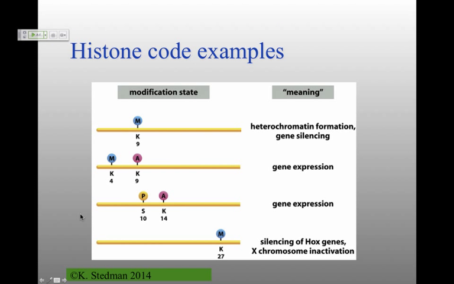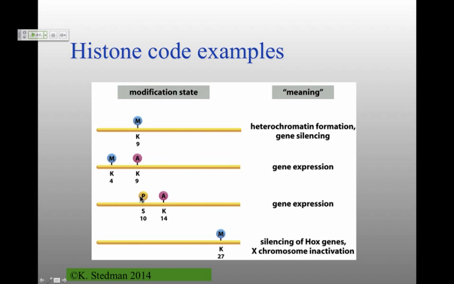So let's look at a couple of examples of this. Here, I already talked about methylation at K9. It's usually me3. That's what they should have on here. There should be 3 methyl groups. Very common in heterochromatin formation. On the other hand, acetylation at position 9, but curiously enough, usually in combination with methylation at lysine 4, leads to gene expression.